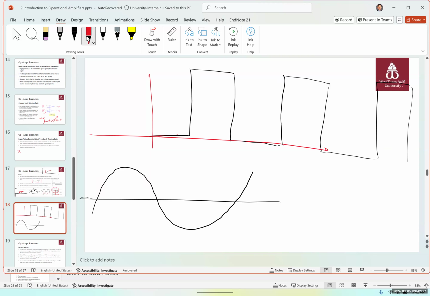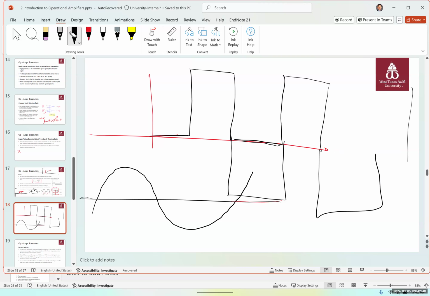If my slew rate or response is very fast, I'm going to have a clean signal at the output. Let's make this positive, negative. Imagine this is a positive, negative, something like this. So if this pulse is wide enough, I'm going to have a perfect response, something like this, okay?